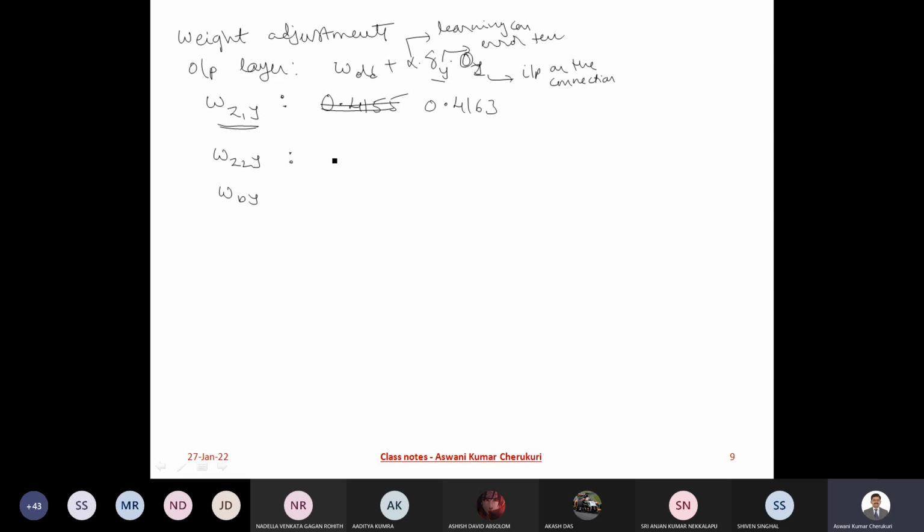Take an example, Z2Y: the old weight plus the learning constant, then the error term del y, times the corresponding connection input, which is the output from that hidden node, OZ2. So the answer is 0.1211, okay. And then the bias.